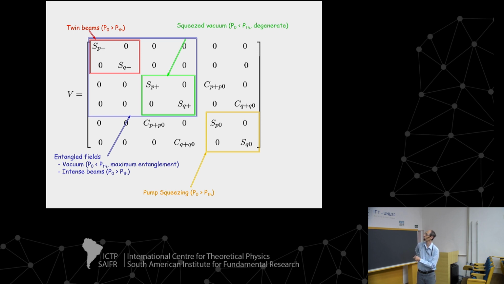The combination of these two, you have squeezing on this quadrature and on this quadrature. That's exactly that two-mode squeezed state that we have mentioned before. So you have entanglement. And you can have squeezing of the pump. And you have correlation between the pump and the sum of the modes that leads to tripartite entanglement.